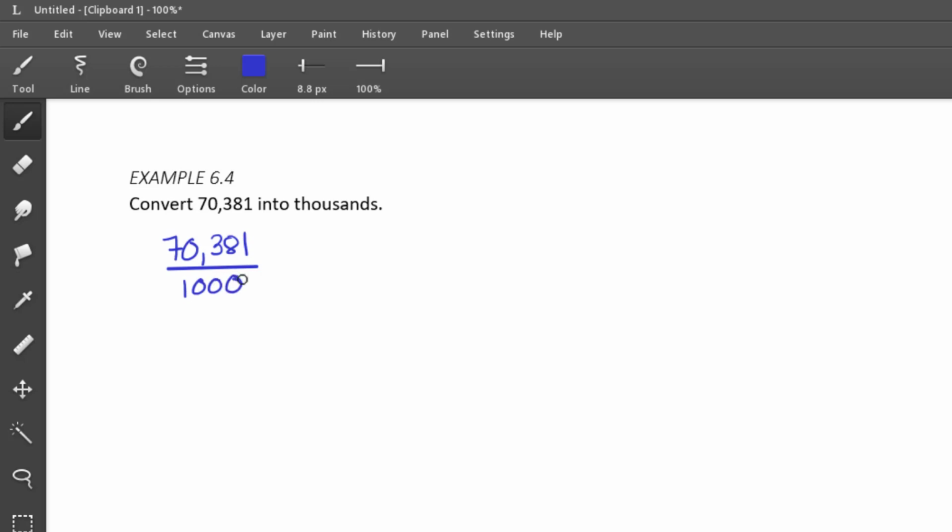What that's actually going to do, because we've been through examples like this in other sections, is move your decimal place, that one that I just wrote in and then erased, 3 places to the left because you're dividing by 10 times 10 times 10. But whether you want to do it by moving your decimal 3 places to the left, or whether you want to take your calculator and type in 70,381 and divide by 1,000, what you'll get is 70.381.